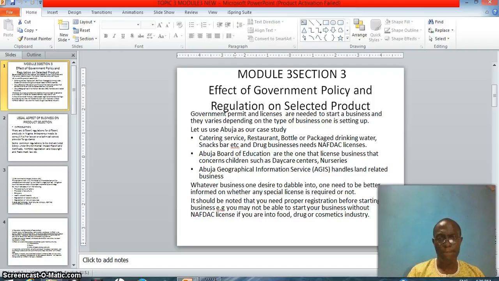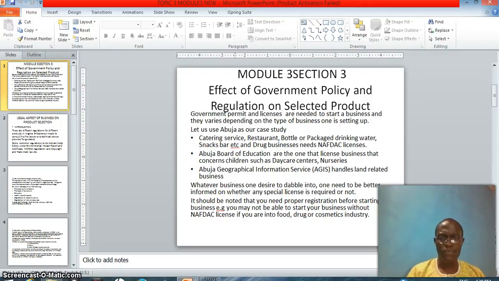Also in Abuja, the Abuja Board of Education licenses businesses that concern children, such as daycare centers and nurseries. Furthermore, the Abuja Geographical Information Service (AGIS) handles land-related business.